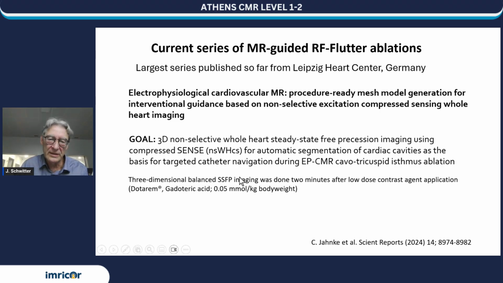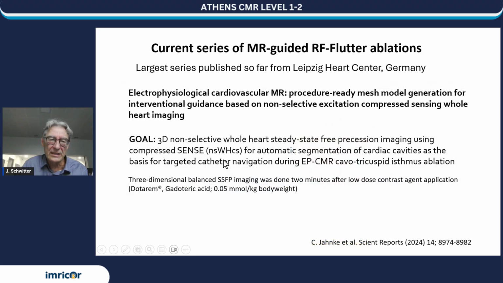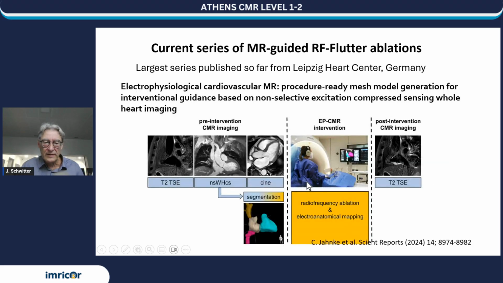So here they started with a new technique, which is very fast for a very nice 3D acquisition of the heart. This slide tells you how they do the procedure. They do the T2 imaging before they start the procedure. Then they do the non-selective whole heart compressed acquisition of the whole heart.